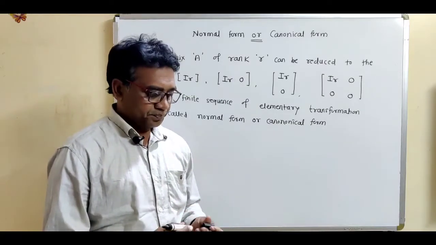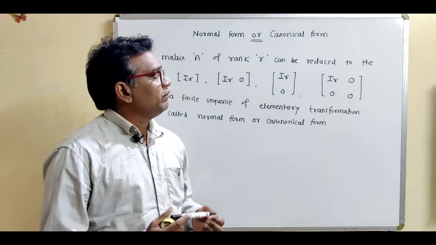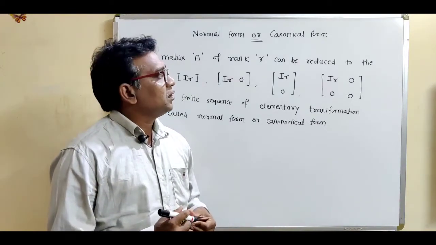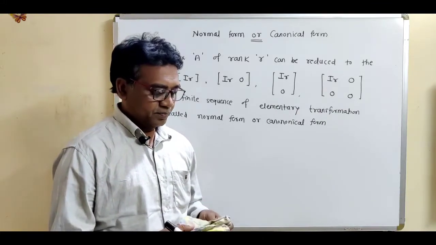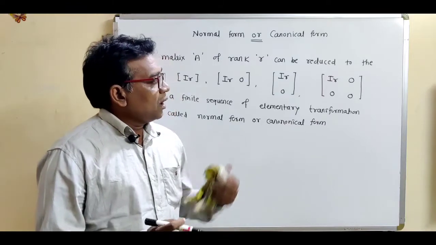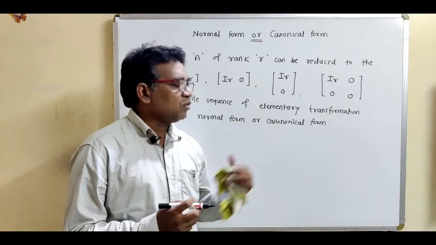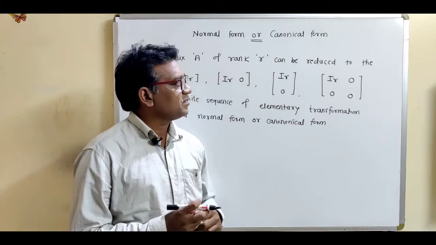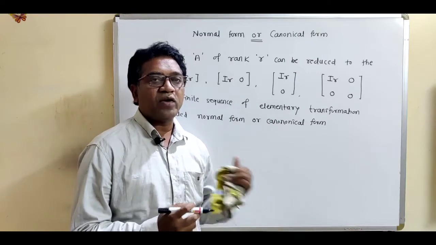So friend, last time we have seen the definition of rank of matrix, and we have taken the example of how to find the rank of the matrix by using the determinant method or the minor method.